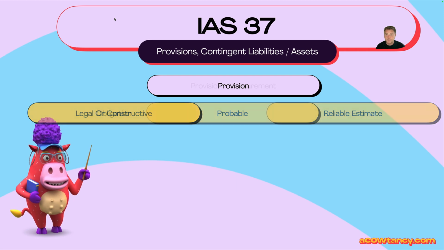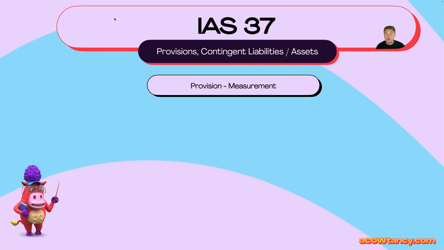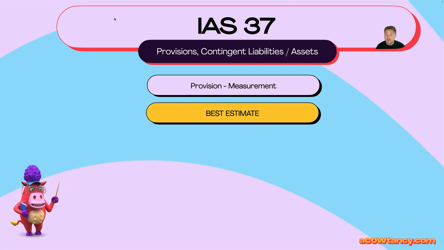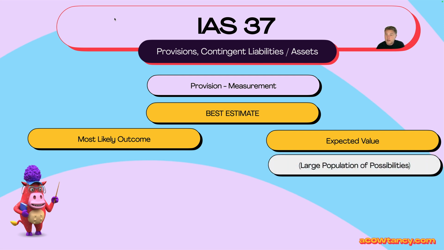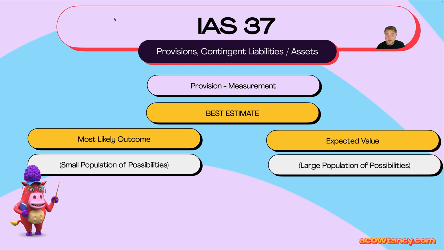So once you know there's a provision, you then sometimes need to measure it, and you measure it at your best guess, your best estimate, which will either be the most likely outcome or the expected value. You use the expected value when there's a large range of possible outcomes, and the most likely outcome when there's only a small population of outcomes.